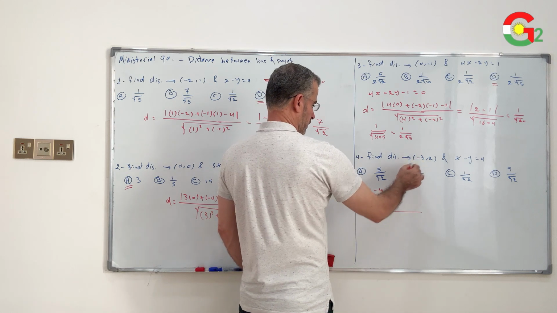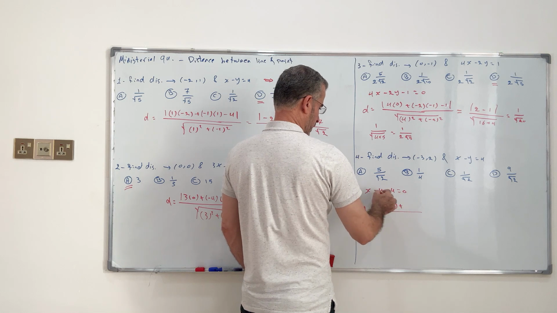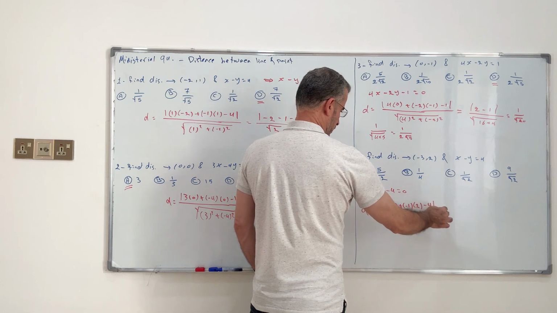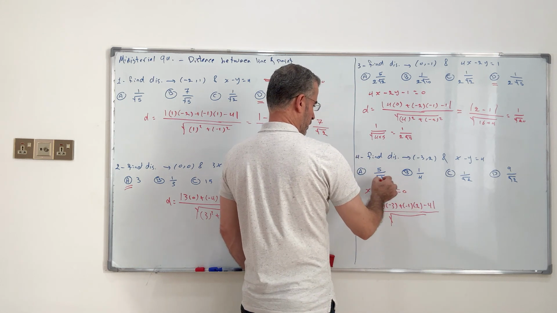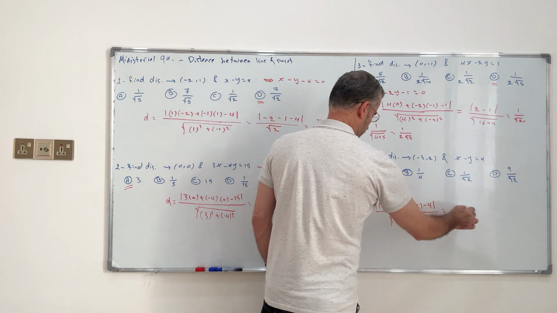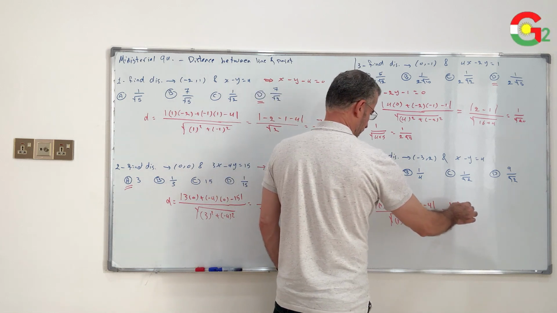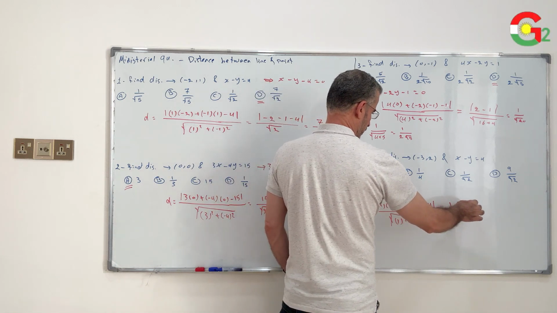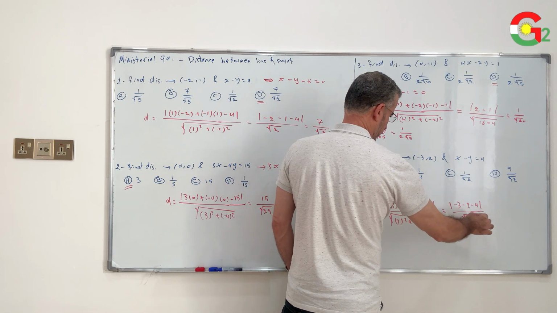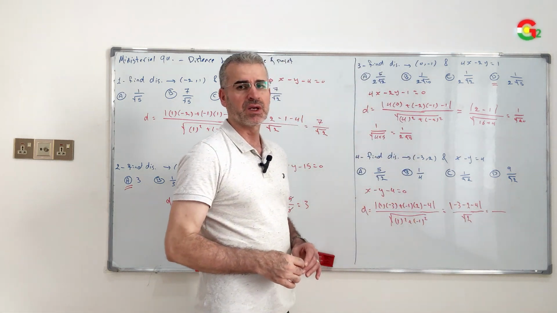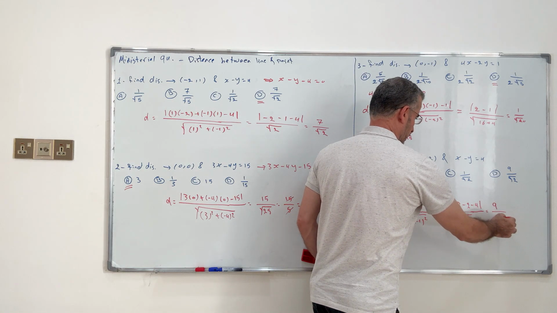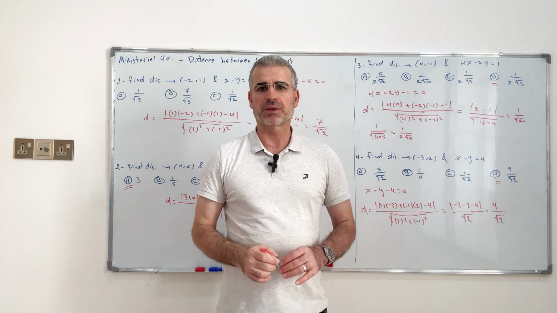A, 1 times x1, negative 3, plus b, negative 1 times y1, 2, minus 4, over the square root of 1 squared plus negative 1 squared, equals 1 times negative 3, negative 3, negative 1 times negative 2, negative 2, negative 4, over 1 plus 1, 2, square root of 2, equals negative 9, absolute value 9 over the square root of 2, choice number D.